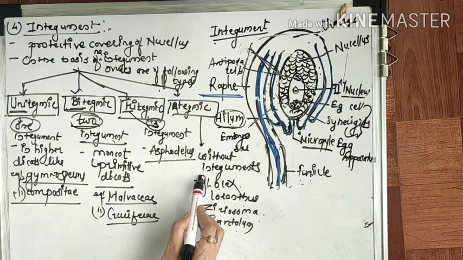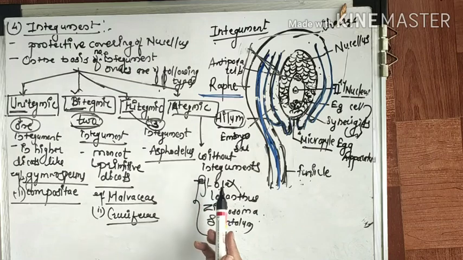These are a few examples of ategmic ovules, which do not contain integuments, the protective covering of the nucellus.